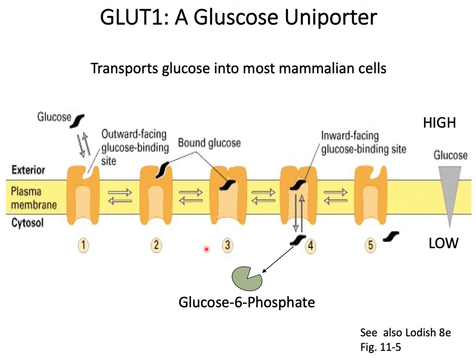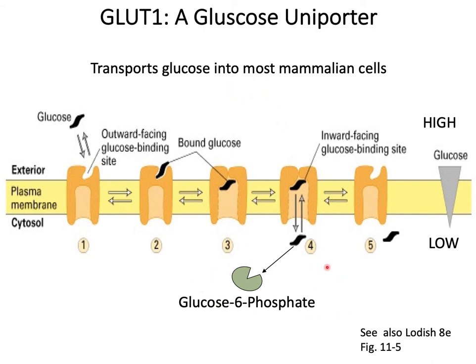This maintains the glucose gradient across the membrane, so GLUT1 maintains its functionality. Because if glucose is moving from outside to inside and the glucose concentration is increasing inside, then that transport will slow down.